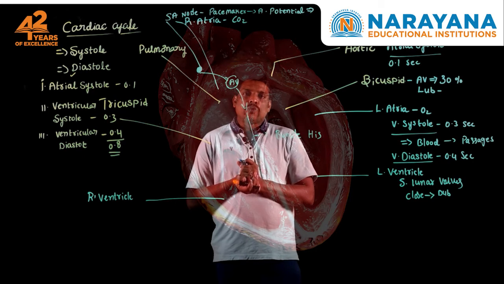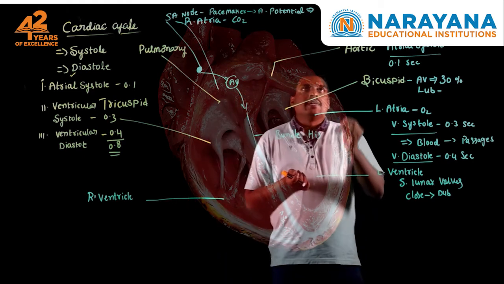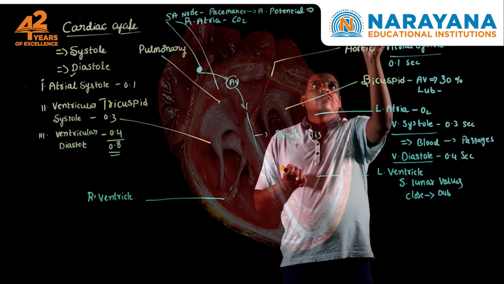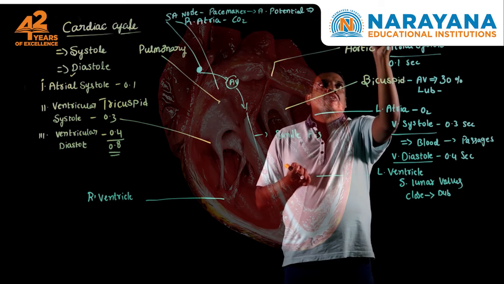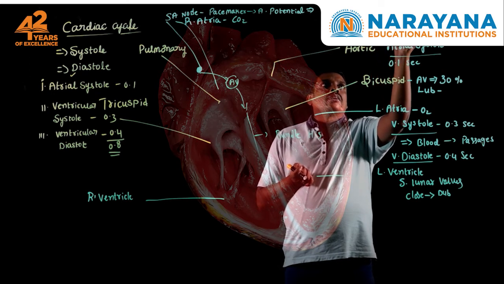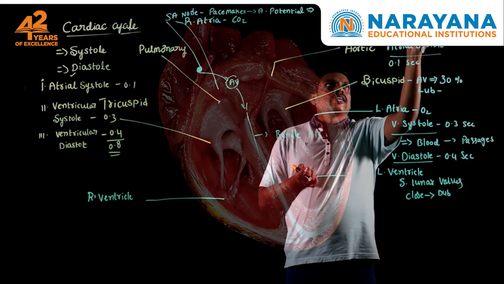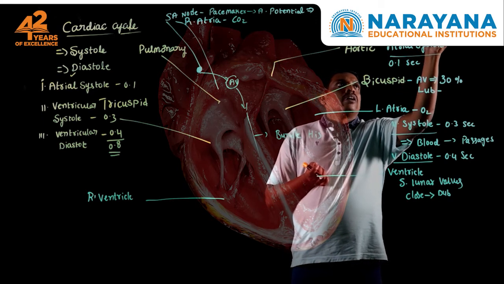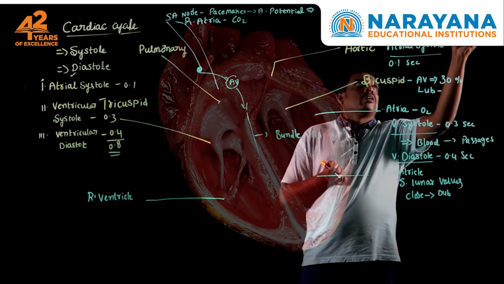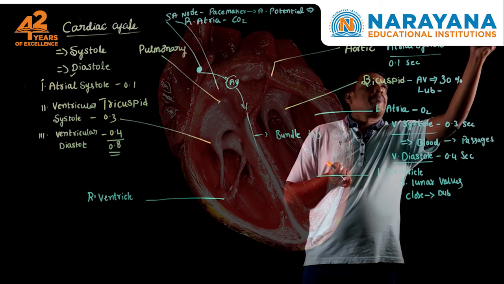Let me say a few more points. The amount of blood that is pumped by the heart chambers for a particular heartbeat in a given time interval is called the cardiac output.